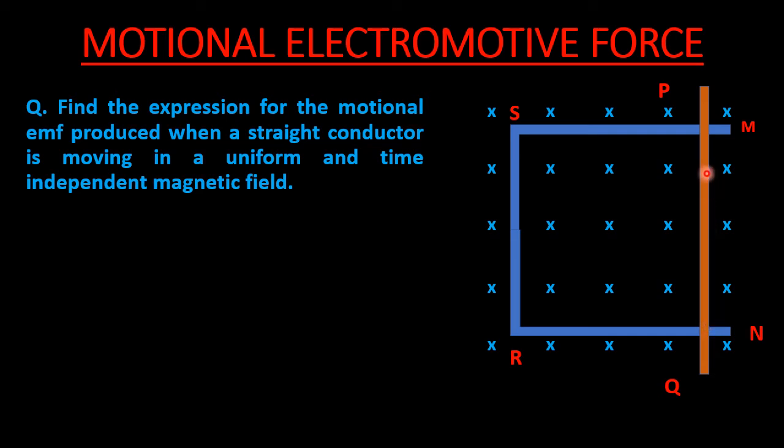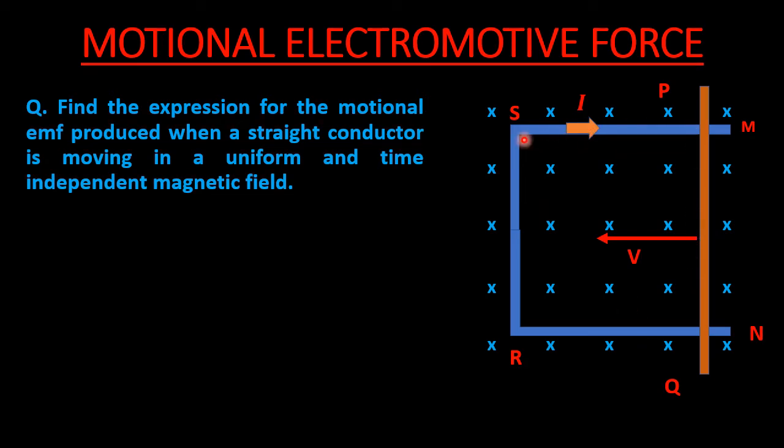So if we move this PQ towards left with a velocity v, then the flux linked with this area will get decreased, and due to the decrease in this magnetic flux, current will be induced in this PQRS, and the direction of the current will be clockwise.